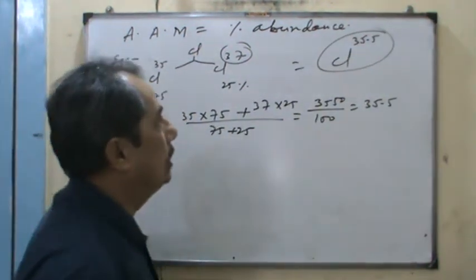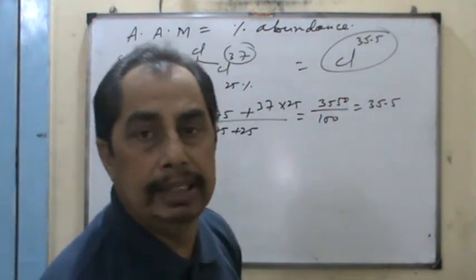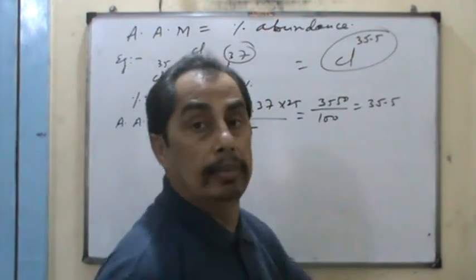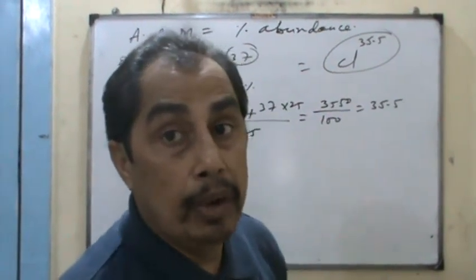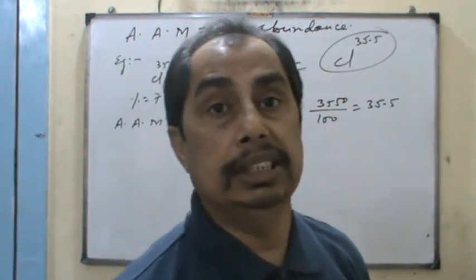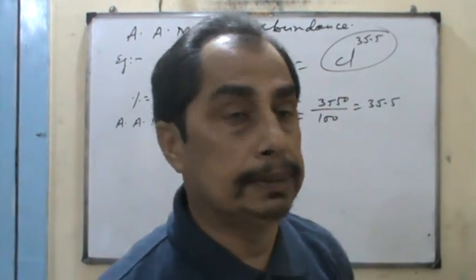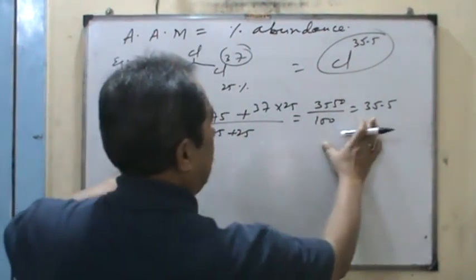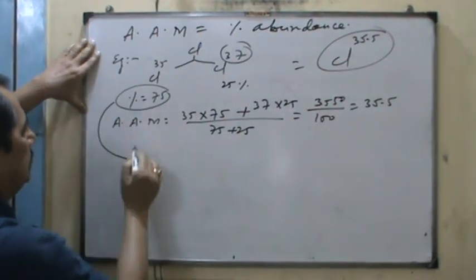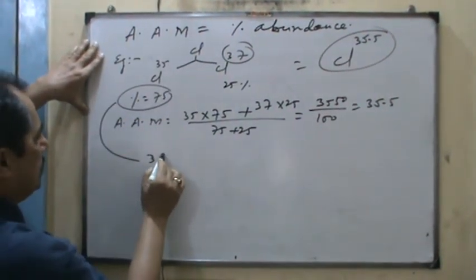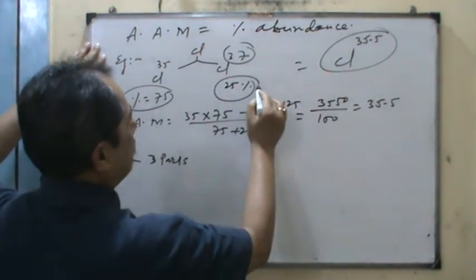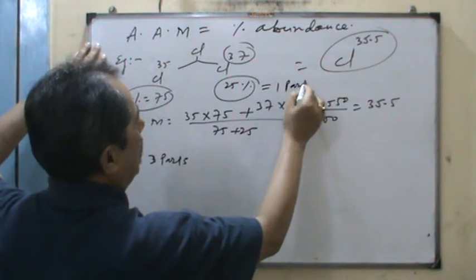So what is the average atomic mass of chlorine? This is the 35.5. Those elements which exist in the isotopic forms, they must possess average atomic mass. And during the numerical, we cannot change 35.5 equal to 36. No, it is average atomic mass. So the way you can calculate in the other way, if it is the 75%, that means 3 parts. If it is the 25%, that is taken as what part? 1 part.